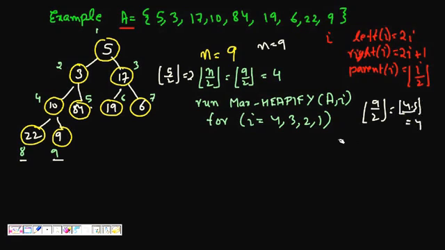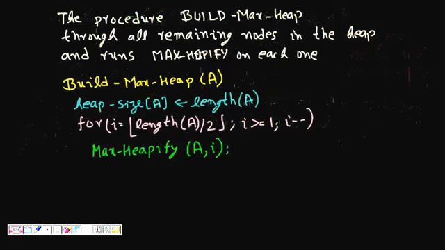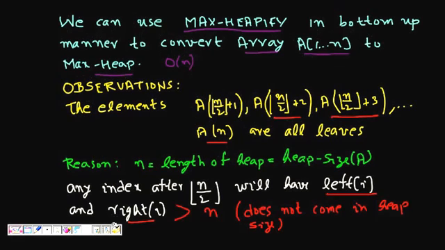After the node with index 4, nodes 5, 6, 7, 8 and 9 are all leaves, and we can see here also that nodes 5, 6, 7, 8, 9 are all leaves. Why? Because if 7 had a child, its children would be 7 into 2, 14 and 15, but we have only nodes till 9. So this observation holds true.